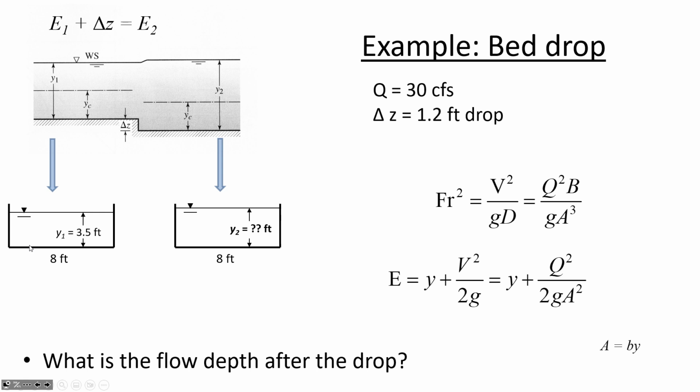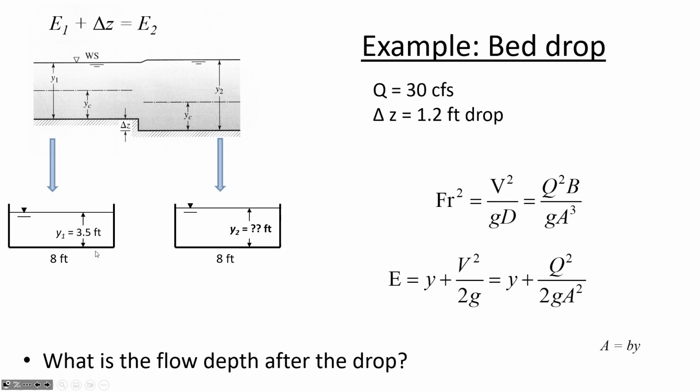So comparing Y sub C to our given depth of 3.5 feet, what does that mean the flow regime is? What's the flow regime based on the depths? Subcritical. Since Y1 is greater than Yc, 3.5 feet is greater than 0.759 feet.